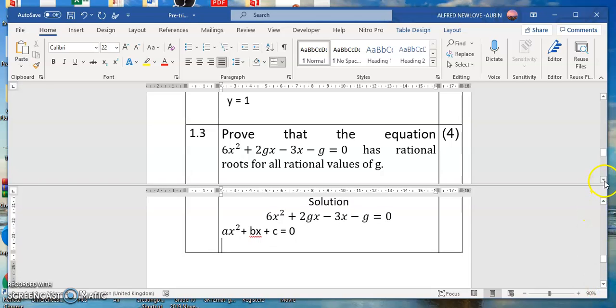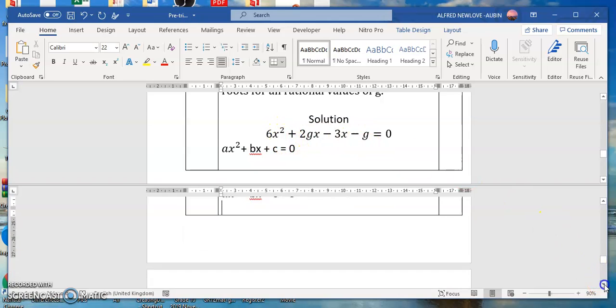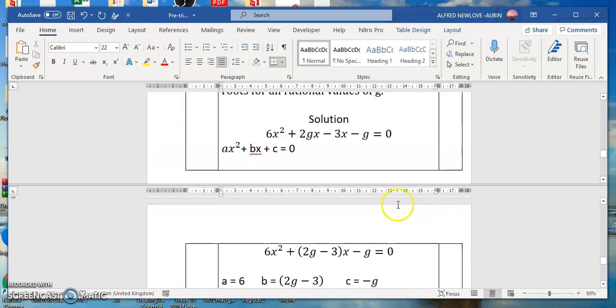If you check this, I have my 6x squared is already out. But if you check this and this, there is x here, there is x here. They look alike. So I can factor x out, which is this one. Then if I factor x out, I'm going to have 2j minus 3, which is this.